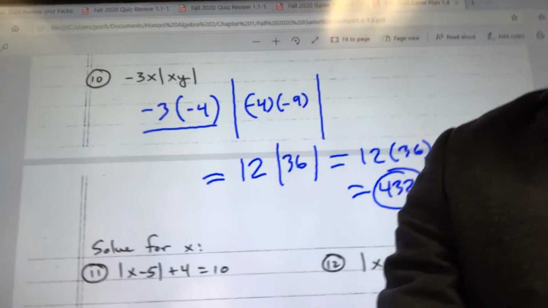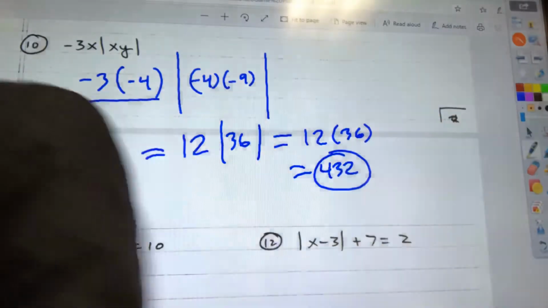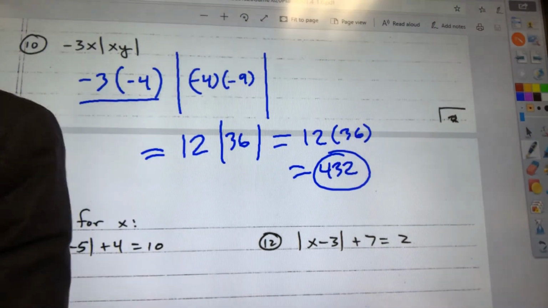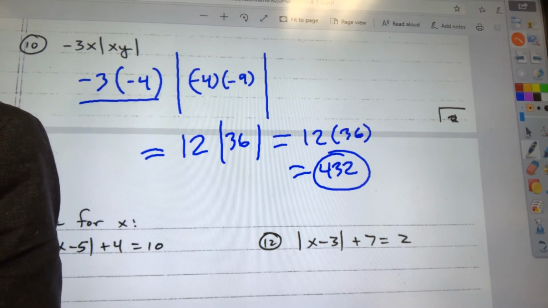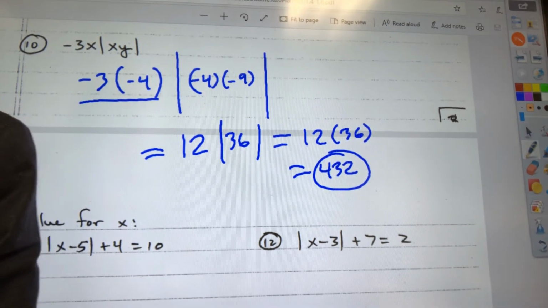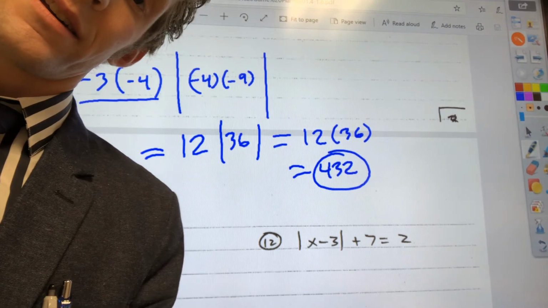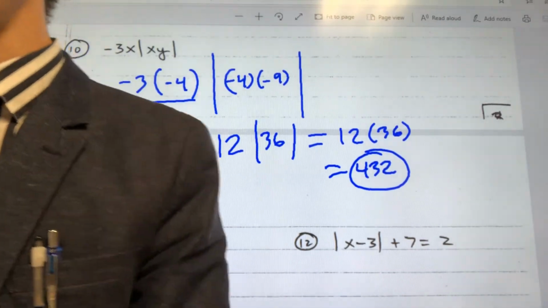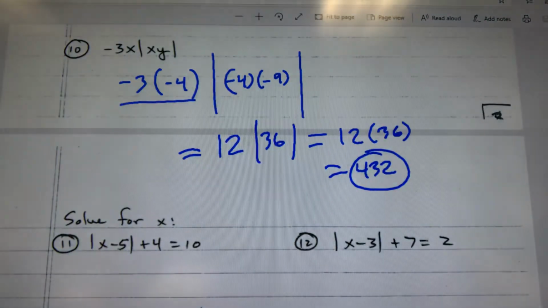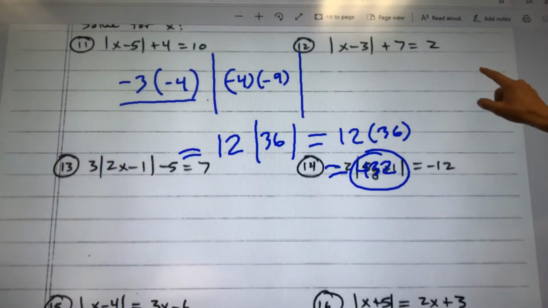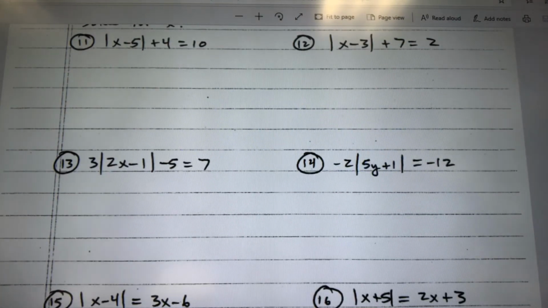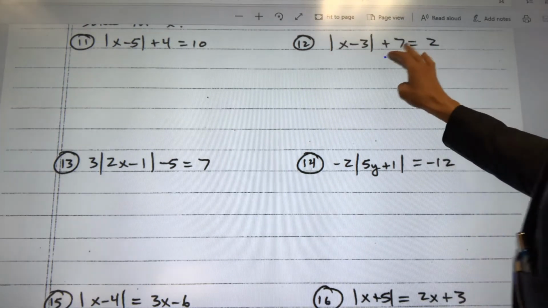Next page, page 4. I am going to do the right side again. Let's do number 12.